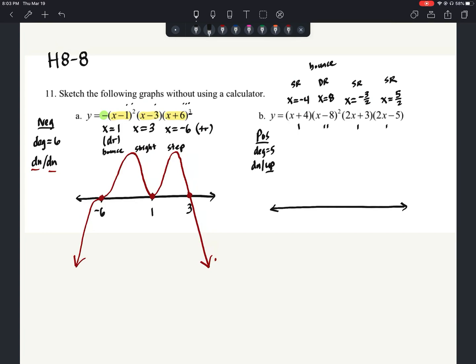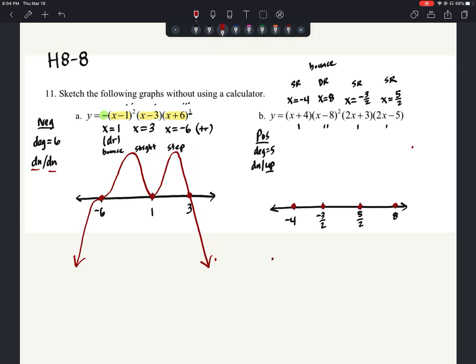Let's put our coordinates on. Our lowest coordinate looks like it's negative 4. We have one at negative 3 halves, one at positive 5 halves, and then one at positive 8. We'll put those x-intercepts right on there. We said we should be ending up and starting down.